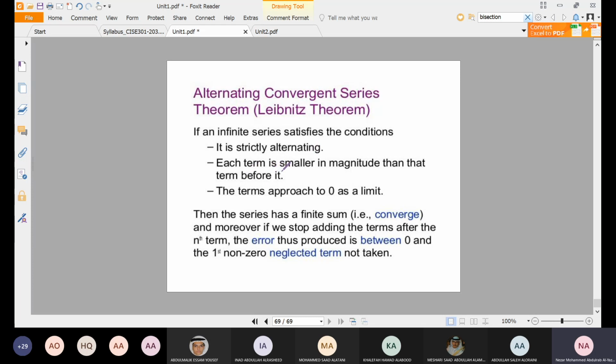Each term is smaller in magnitude than the term before it. The terms approach 0 as a limit; if we take the limit, the terms go to 0. So in this case, we can say this series converges. And if one of the conditions is not valid, the series will not converge.